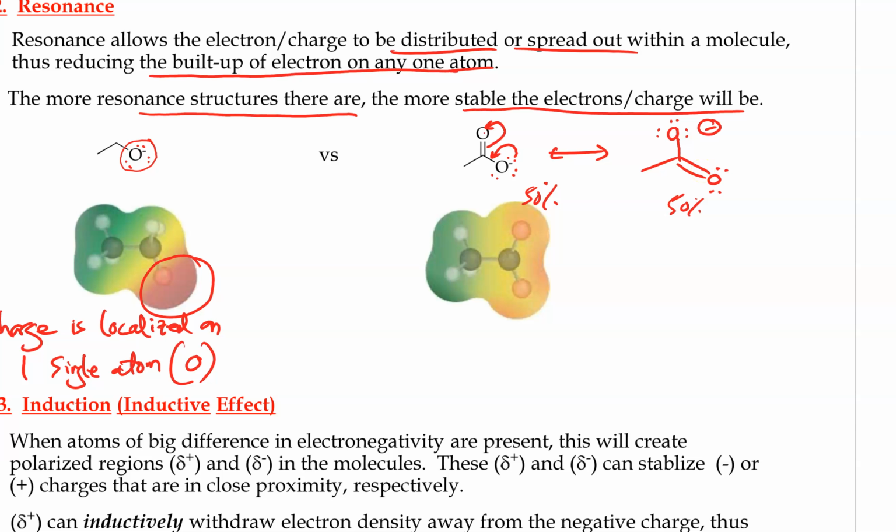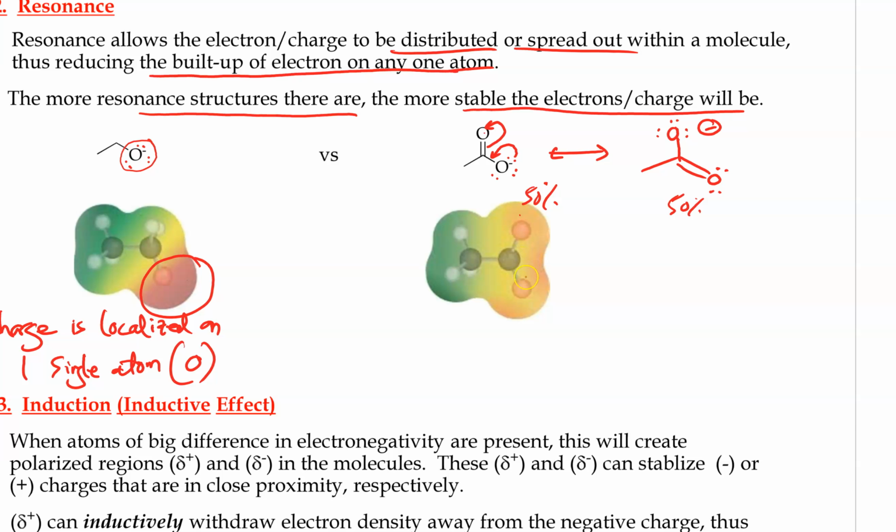So therefore, the electron density on each of the oxygens would be reduced compared to the oxygen in ethoxide. And as the electrostatic potential map is showing, both of these oxygens have electron buildup on them, but not as dense compared to the oxygen in the case of ethoxide.